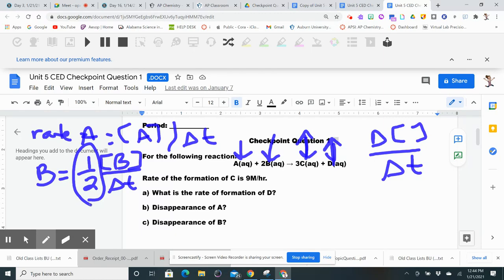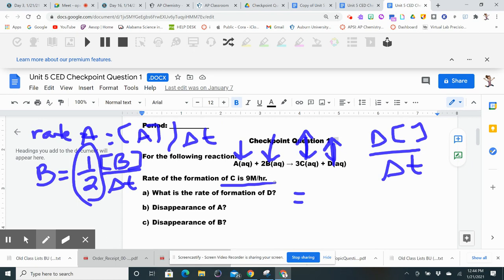So for D, the rate of formation of D is going to be equal to, if you notice, C is forming 3 times faster, right? Because there's a 3 in front.